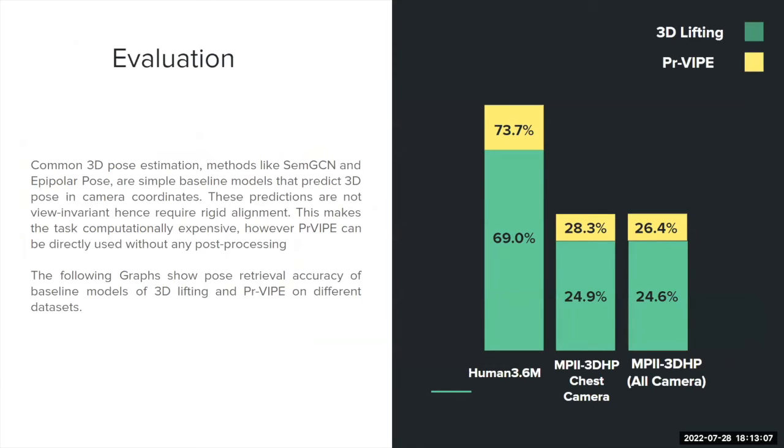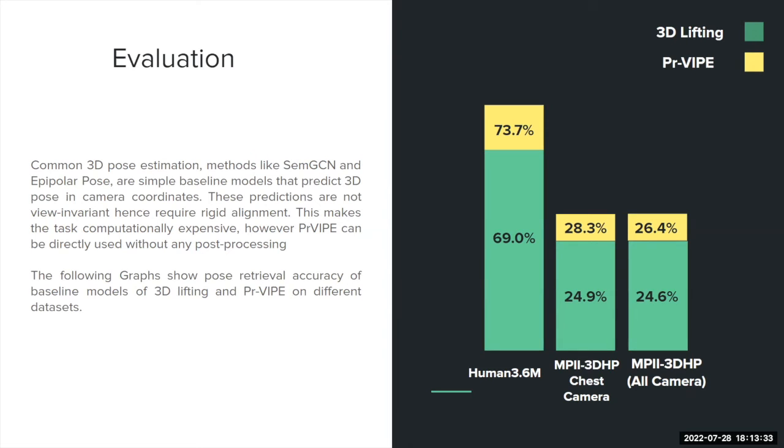For evaluation of the results, a new cross-view pose retrieval benchmark was proposed to evaluate the view invariance properties of the embedding. Given a monocular pose image, cross-view retrieval aims to retrieve the same pose from different views without using camera parameters.